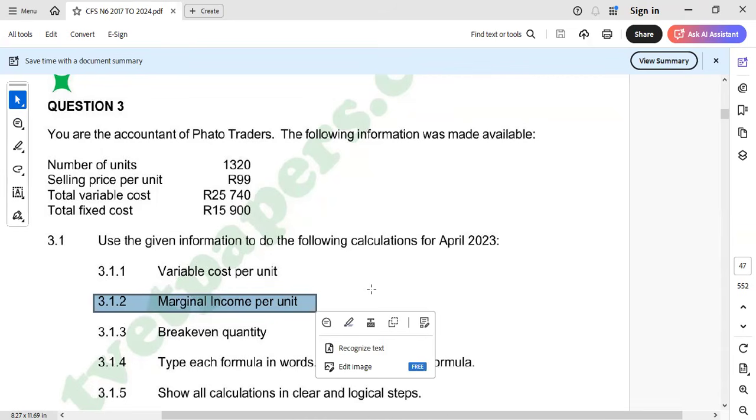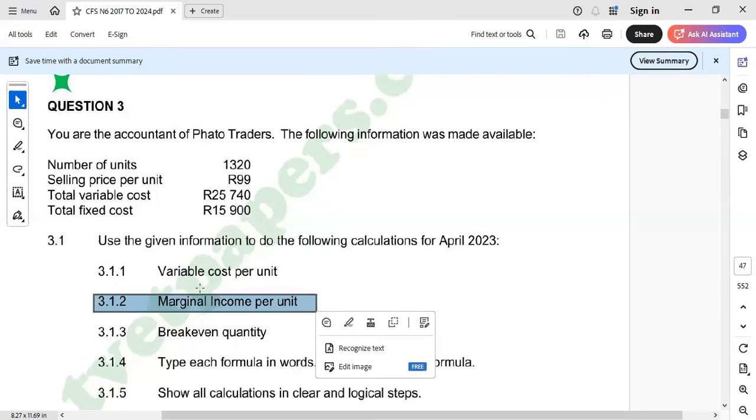Marginal income per unit. So, the marginal income per unit, you must know that there's a formula to calculate this.